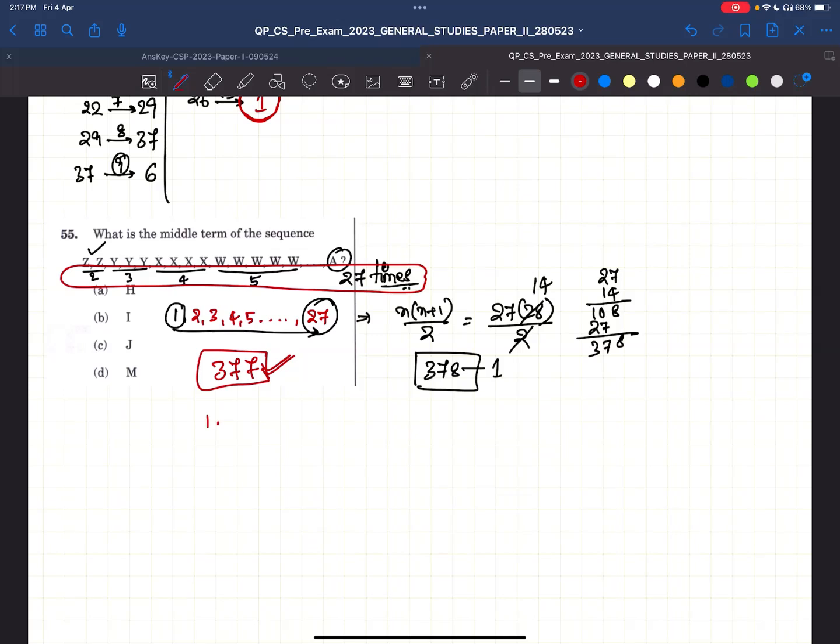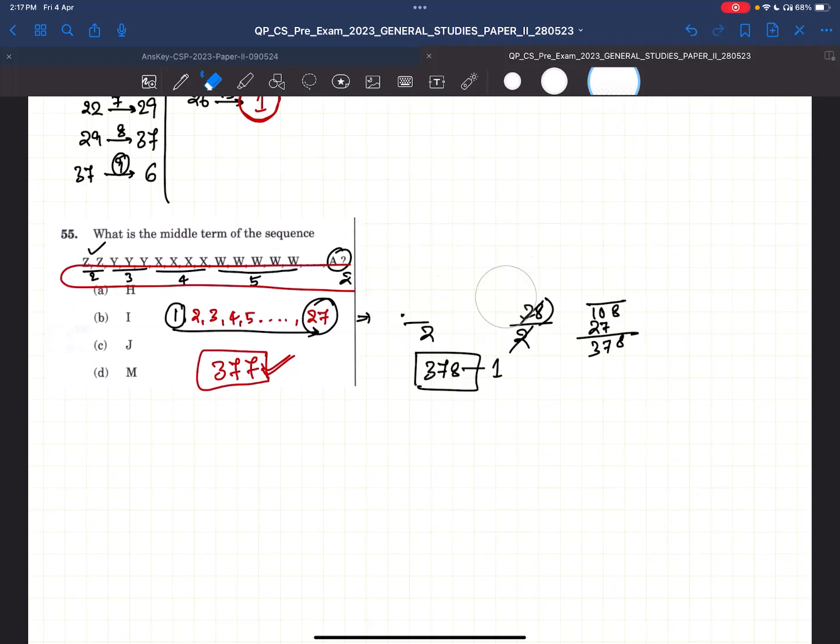If there are 1, 2, 3, 4, 5, 6, 7, 7 numbers, what is the exact middle term? 4. Here 3, here 3, and 4 in the middle. When there are odd numbers, we'll get exactly the middle term. Let's find the middle term.